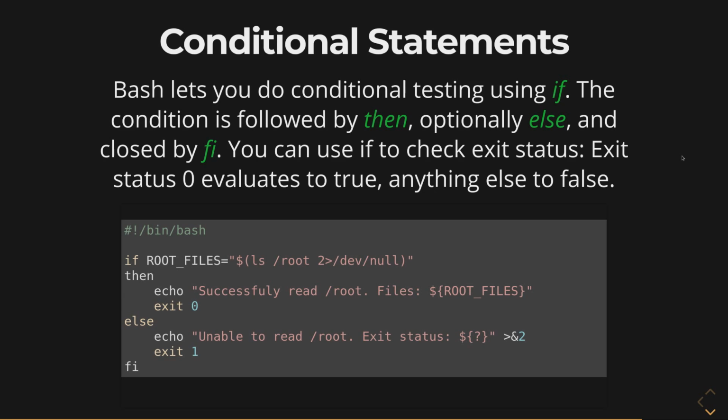Otherwise, if it encounters a non-zero exit status, it's going to either do nothing, or if you provided an else clause, it'll run whatever's in the else clause. So the syntax is if, then the command you're running, then some more bash commands, else, more bash statements, and the whole thing is bookended by if in reverse, fi.